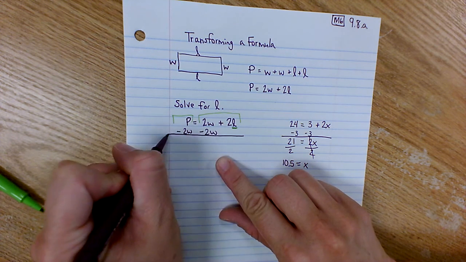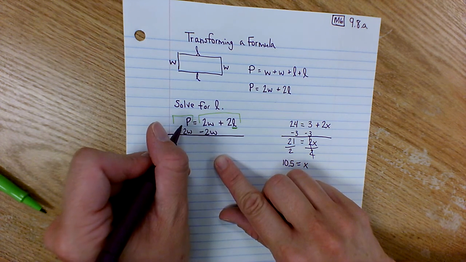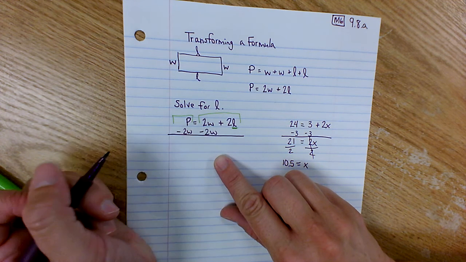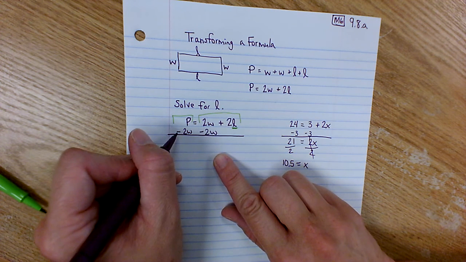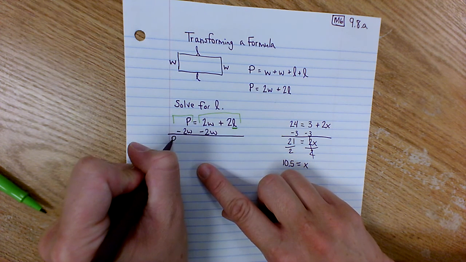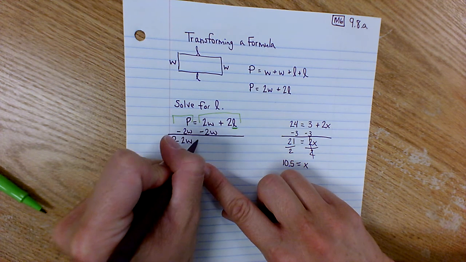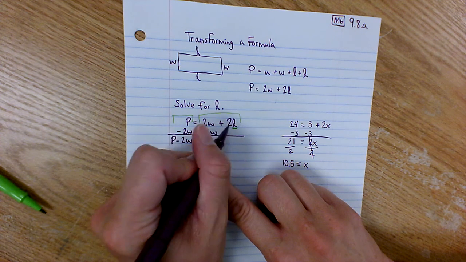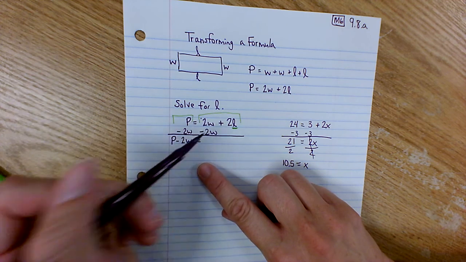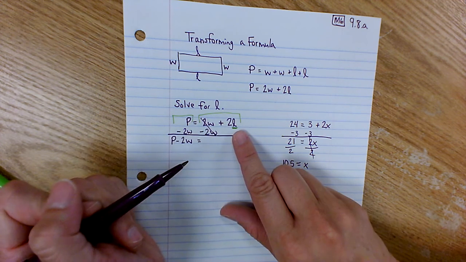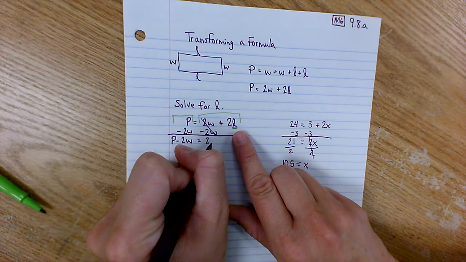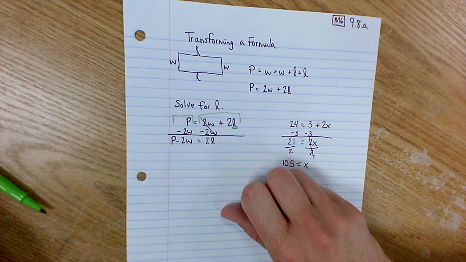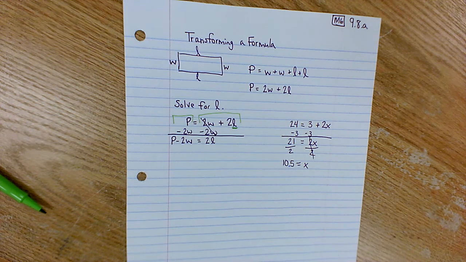Now I'm going to rewrite this. Obviously, I can't actually do any subtraction here because I don't know what p is and I don't know what w is. I'm just going to write it as p minus 2w. That's as simple as I can get. And I'm left over here, because this is gone, with just the 2 times the length. Now I need to get rid of that 2.